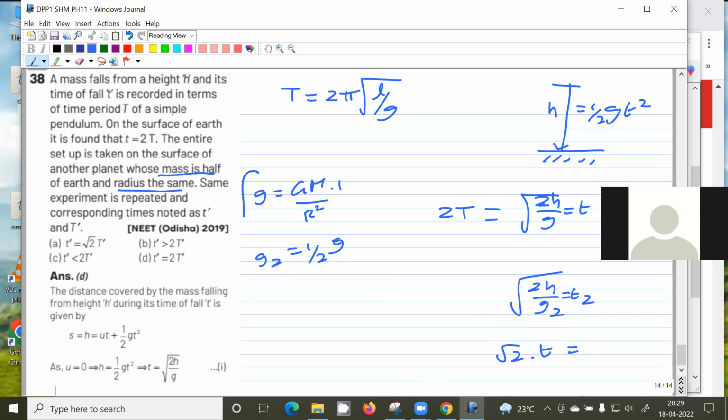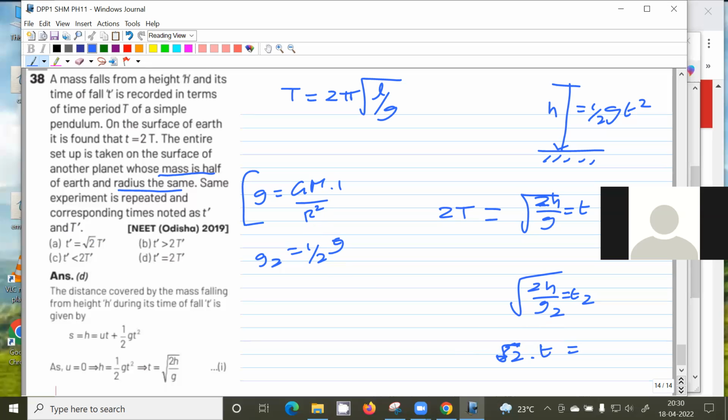This is the formula for g, right? Yes, sir. Okay, so mass is half. So g2 will go down because radius is the same. So g2 is going down by half. It's not root, because 2 into 2. No, it is root 2 only. So T2 is, g2 is g by 2, so root times.